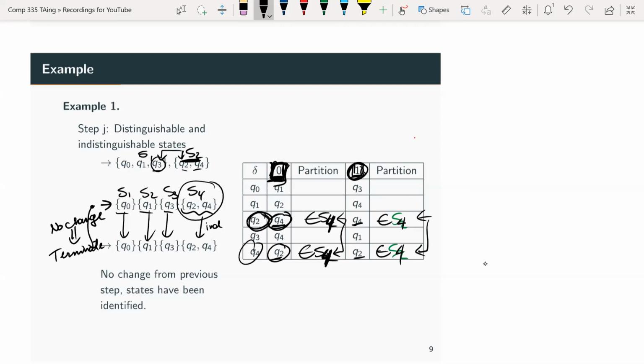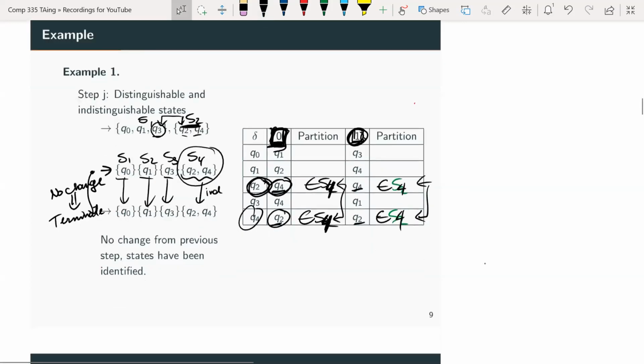The last thing that you need to do is actually convert this to a DFA. What you do to do that is you take each partition of states and you make that a state. So for instance, partition Q0 becomes a state, partition Q1, partition Q3, and partition Q2, Q4.